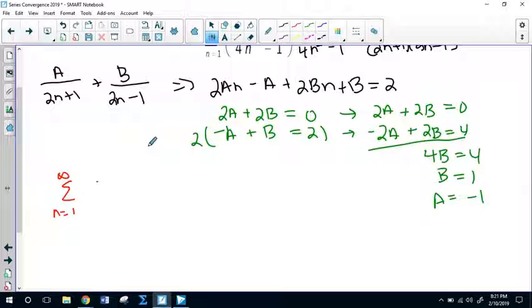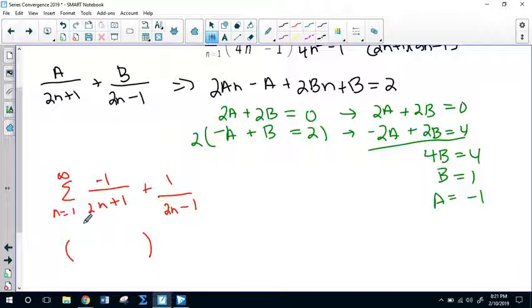Is that right? Yep, I think so. Okay, so now I have negative 1 over 2n plus 1 plus positive 1 over 2n minus 1. And I'm just going to start coming up with the partial sums.